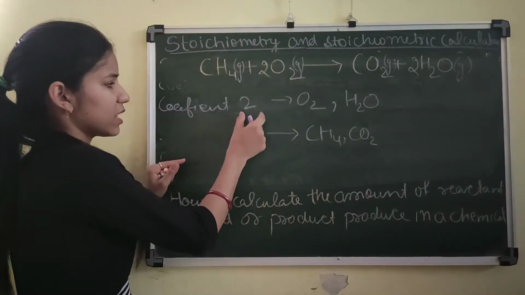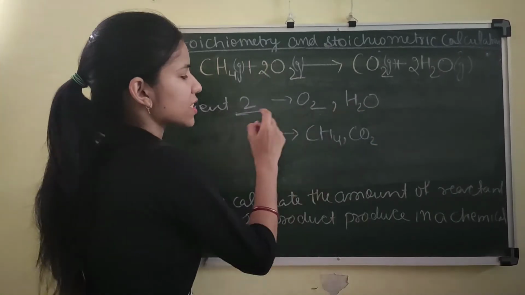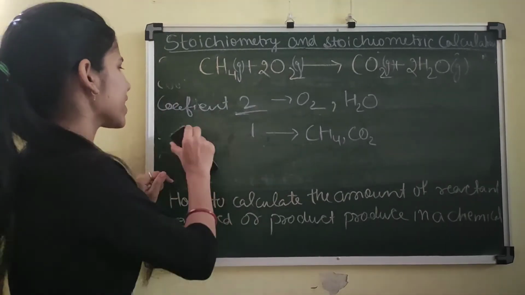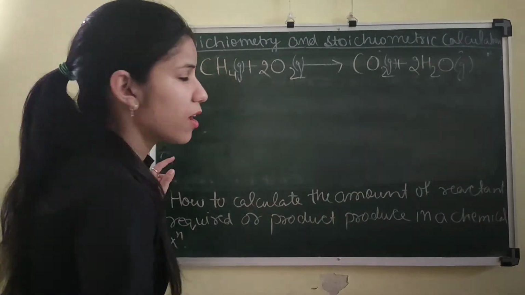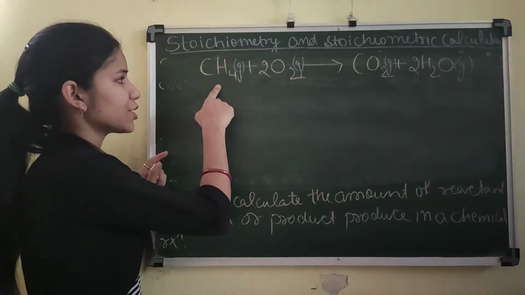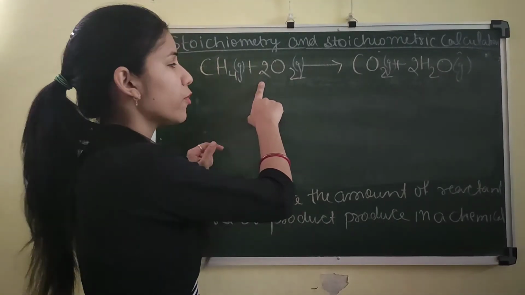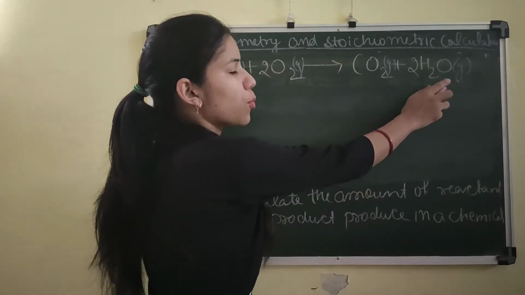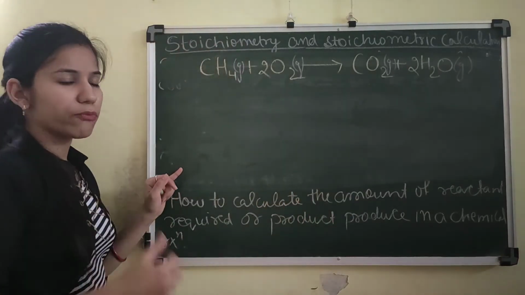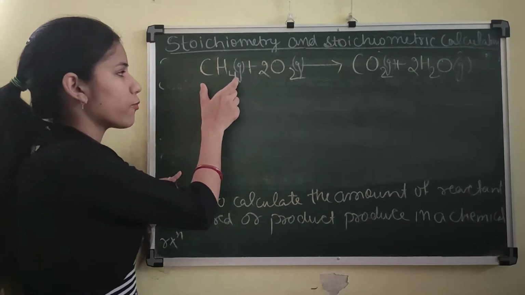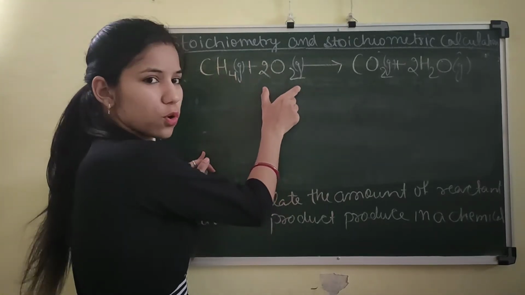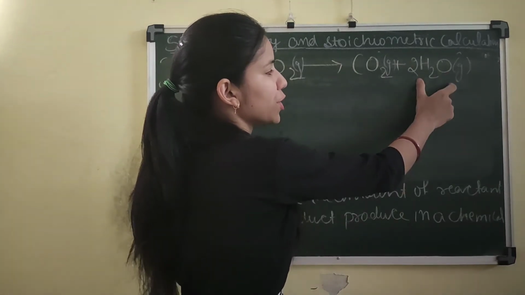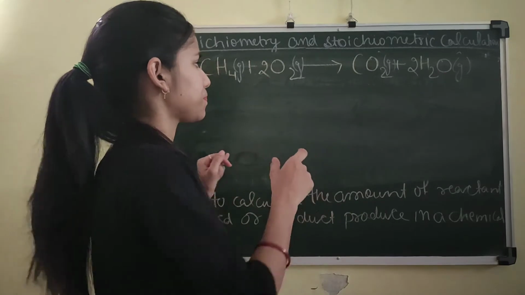These coefficients are called stoichiometric coefficients. According to this reaction, we can say that when 1 mole of CH4 reacts with 2 moles of oxygen, they produce 1 mole of carbon dioxide and 2 moles of water. In other words, 1 molecule of methane reacts with 2 molecules of oxygen to give carbon dioxide and 2 molecules of water.